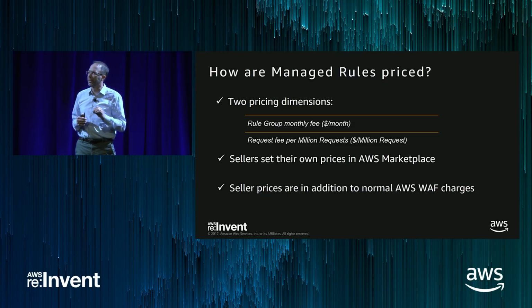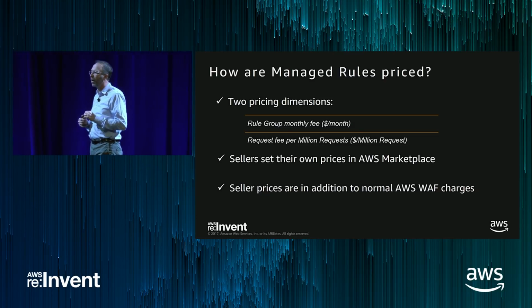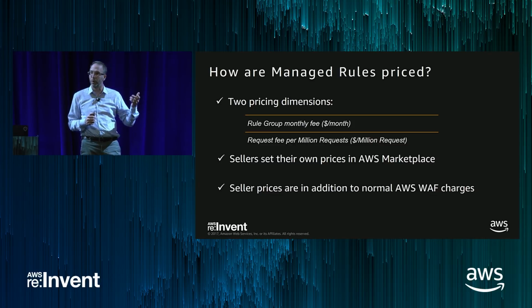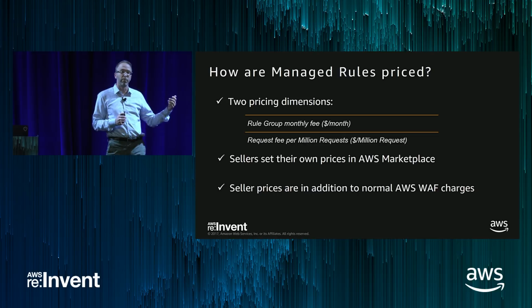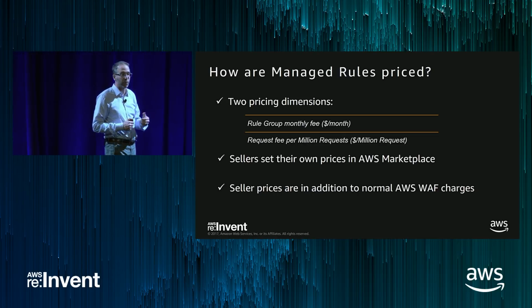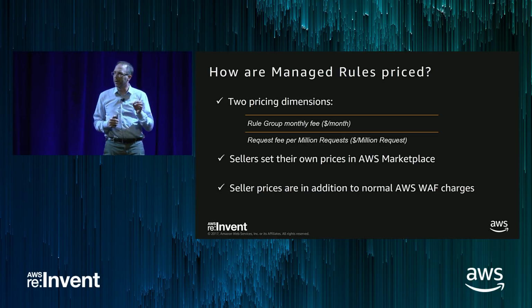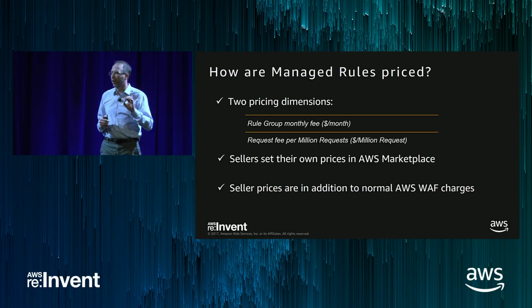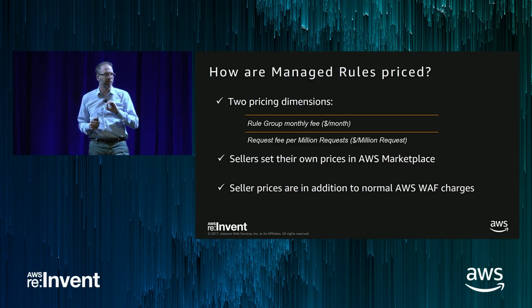Then the second dimension is a request fee that's based on per million requests that are served or that are processed from or through your protected resources. Now, importantly, since this is a pay-as-you-go model, both of these are charged on a per-hour basis.